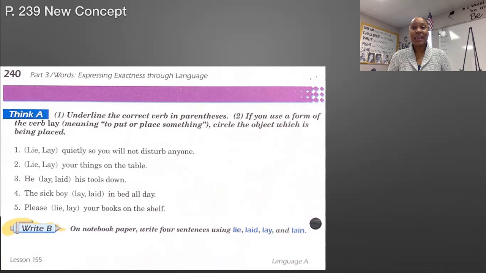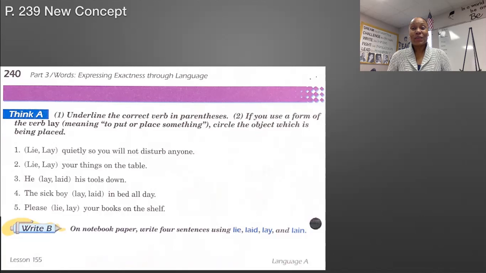This I want you to pay very close attention to. It says, after using a form of the verb lay, you always need to name the object you are placing. You never lie on something, but you always need to lay something down. The objects which are being put or placed in the above sentences are in dark print, and you can refer to that later.